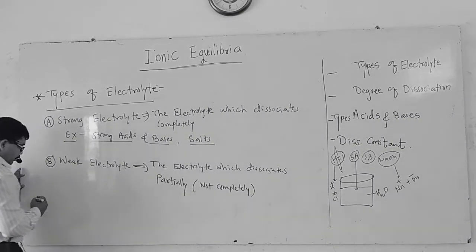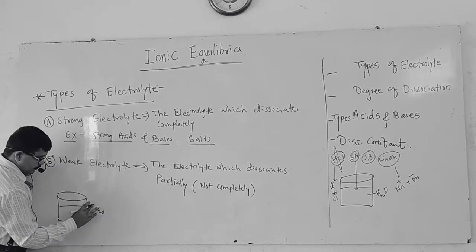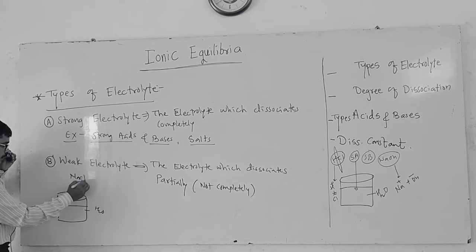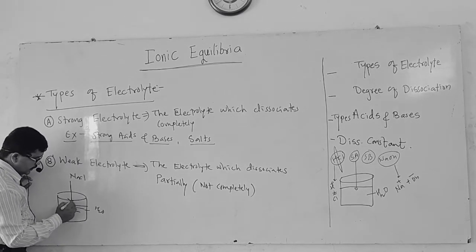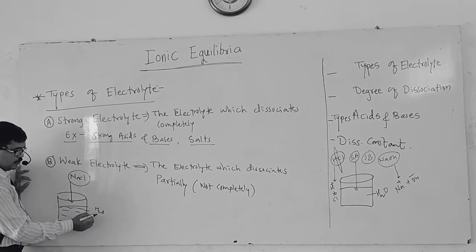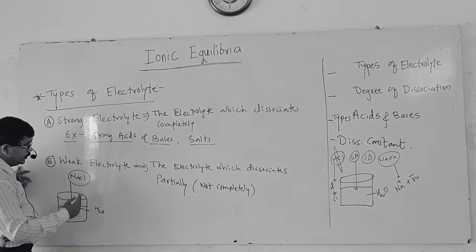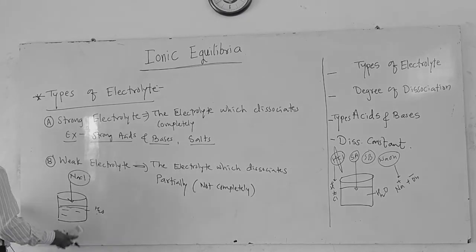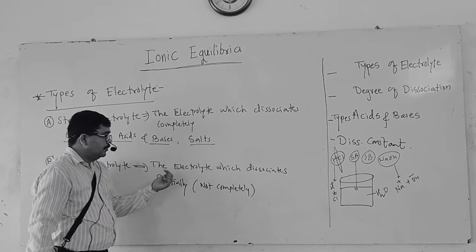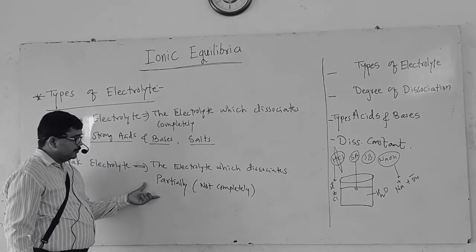Salts. Whenever you are adding common salt, that is NaCl, which we use in the kitchen, whenever NaCl is added into water, it dissociates completely. So it is a strong electrolyte. Now, what is weak electrolyte? Weak electrolyte means the electrolyte which dissociates partially.